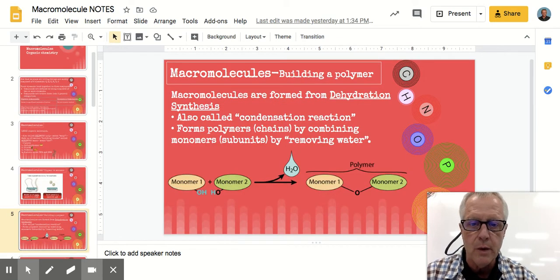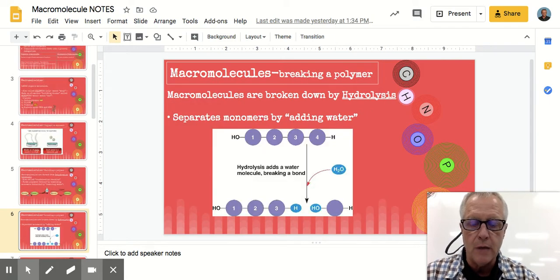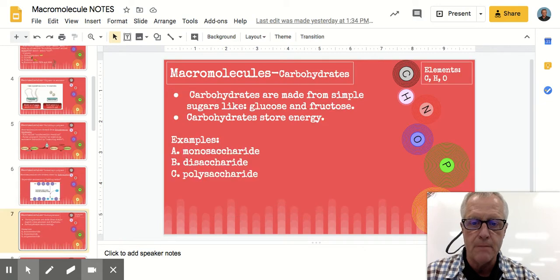There are ways in which these monomers can be bonded together to form larger macromolecules, or polymers. As you look through the slides, water's involved, and we'll try to get into the detail of that in class.